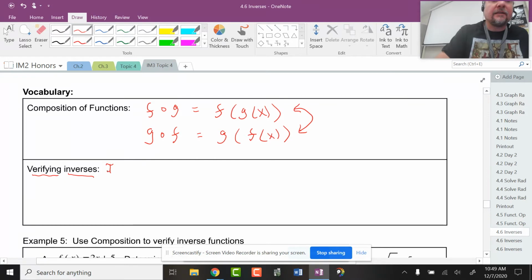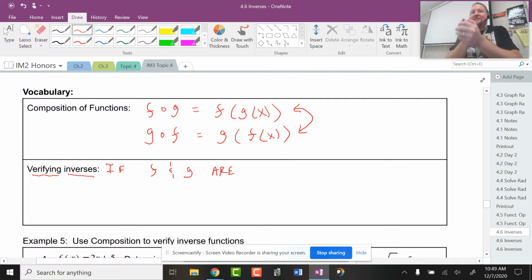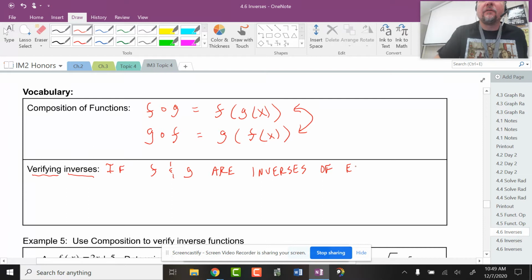I'm going to go ahead and write this in sentence form, and you can keep up with me. If f and g are inverses. And this is just something you're going to have to take hold of, memorize, and then use it. If f and g are inverses of each other, then, and this is all I'm going to write, but this is what holds true.